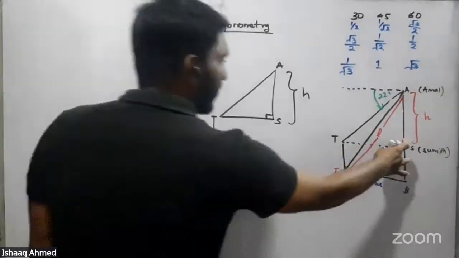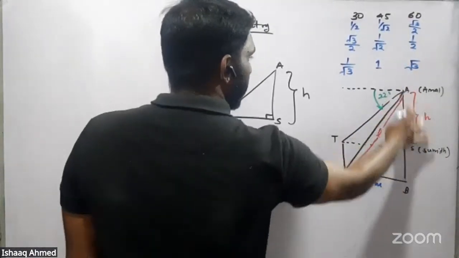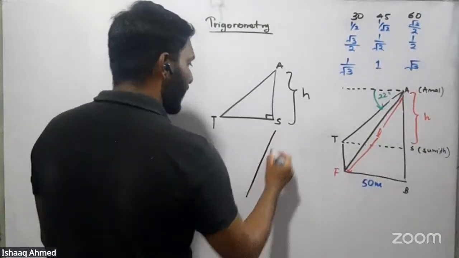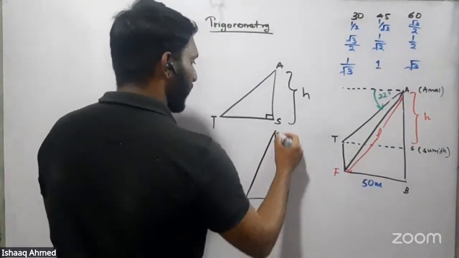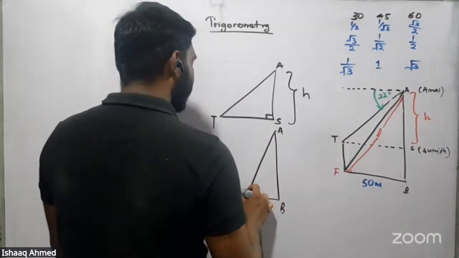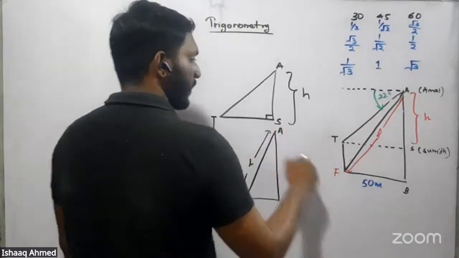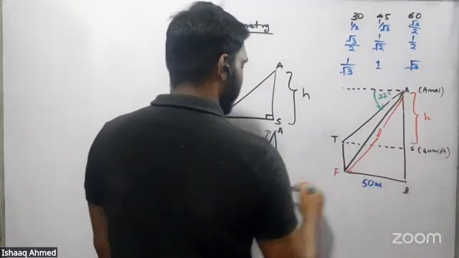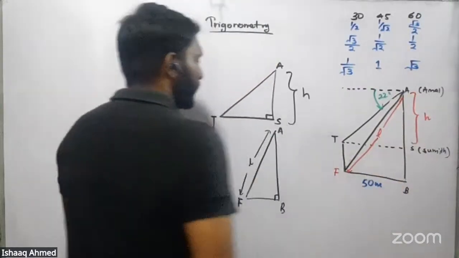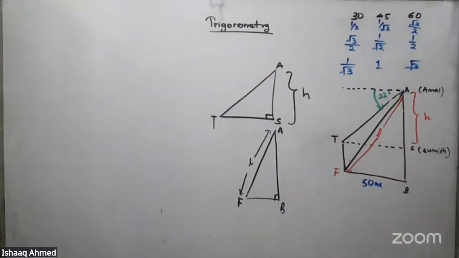To find L, I have to take this triangle, AFB. Here L is a side, no? So I have to take these two right angle triangles, the things that I need to find as sides, and use trigonometry to find.